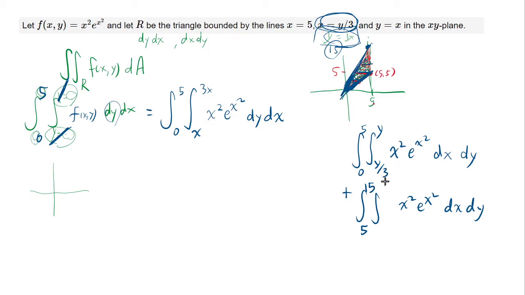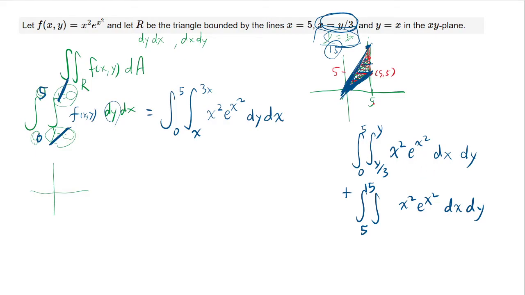Although I'm writing y and y over 3, you should really interpret this as x equals y, which is this curve. I'm calling it a curve because in general, if you have y equals a function, it's a curve in the two-dimensional plane, although this is a line. So we go from this line to that line, and this line here is y over 3, and this line is y. Y over 3 should be thought of as x equals y over 3.